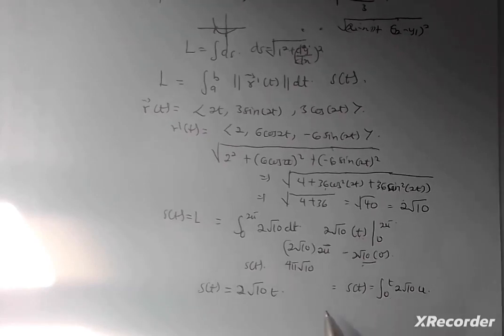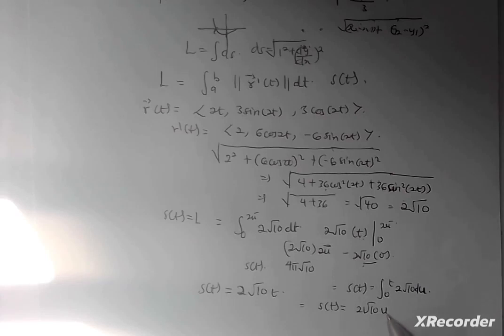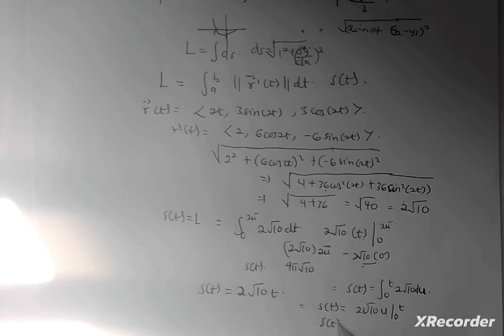When you get this, you are going to get s of t equal to, when I integrate with respect to u, 2 root 10 u. Therefore, applying 0 to t, I'll get s of t equal to 2 root 10 t minus 0, so 2 root 10 t.